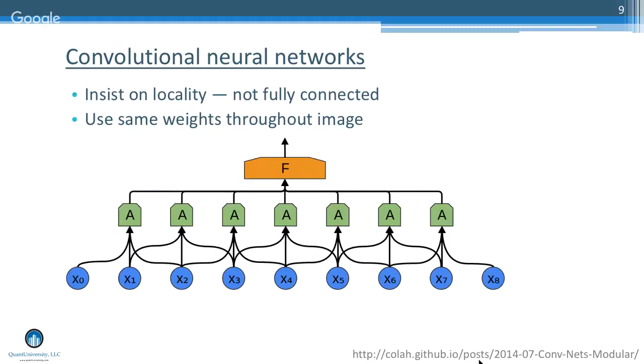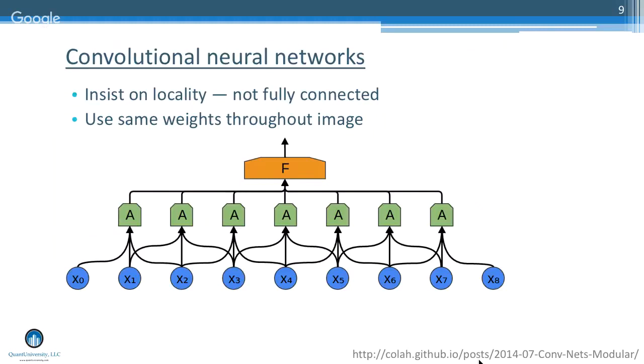So even though I have a lot of edges here, I only have to learn 3 weights: one for the leftmost, one for the middle, and one for the right input feeding into each unit. So now I've gone from 8 times 7, 56 different weights, to 3. And that means that if I can set those weights efficiently, my network has much less to learn, and so it's going to learn faster.